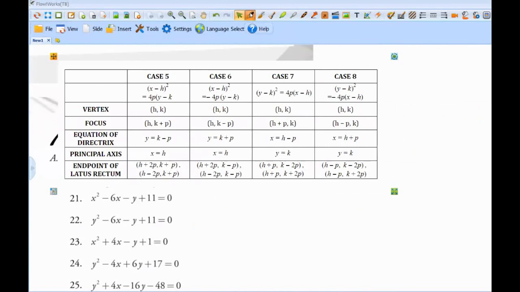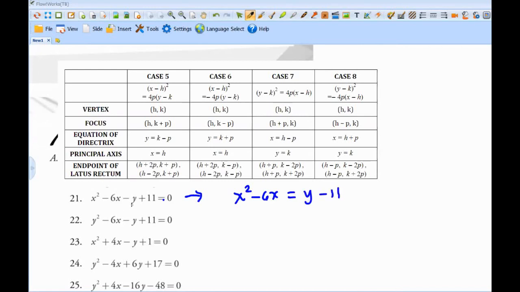Okay, number 21. You have to put it in the standard form first, and then after that, you have to identify which case it will lie on, okay? It lies on our cases with the vertices. So let's try x squared minus 6x is equal to y minus 11.